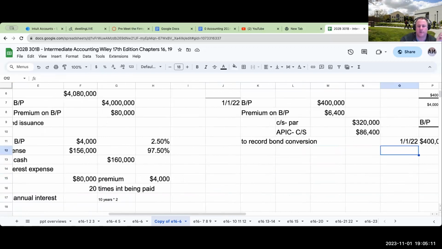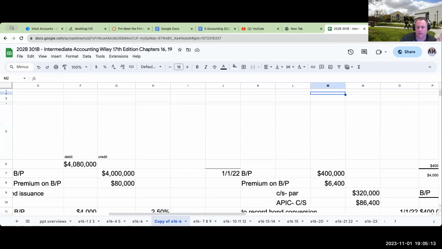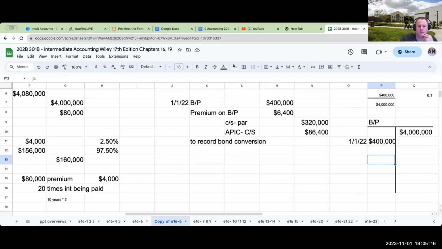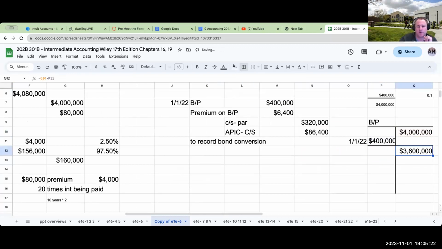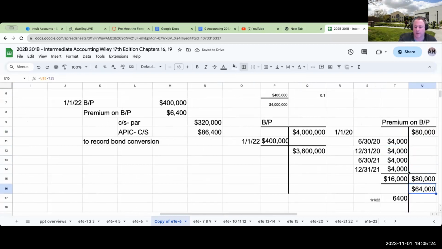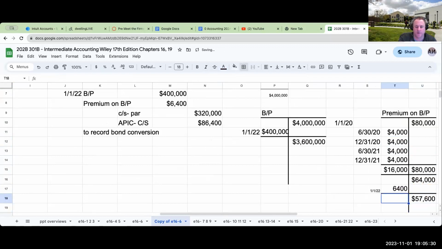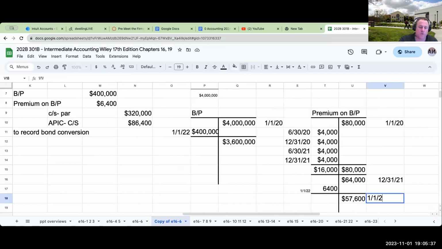Let's now go to the second phase of this. So now I've gone through, I now have, after this bond was being converted, I now have 3.6 million of bonds that are going to be outstanding. I also now have over here too, in terms of my premium on bonds payable, I have 57,600 of a premium outstanding. And this is basically as of 1/1/22 after the bonds have been converted.